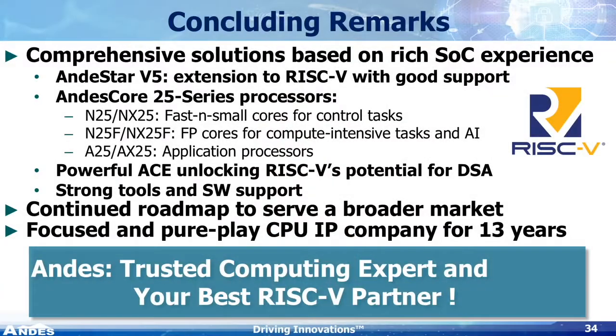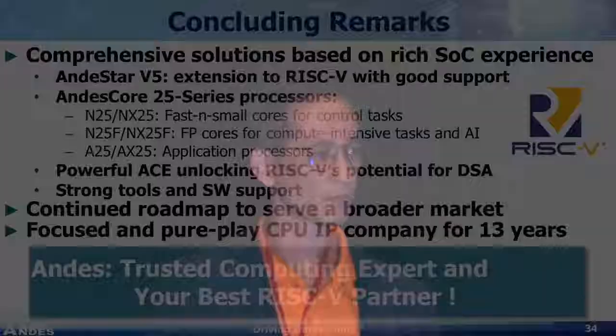And we have the powerful ACE and COPILOT tools to unlock RISC-V potential for domain-specific architecture. We have strong tool and software support, and the continued roadmap is intended to serve a broader market.